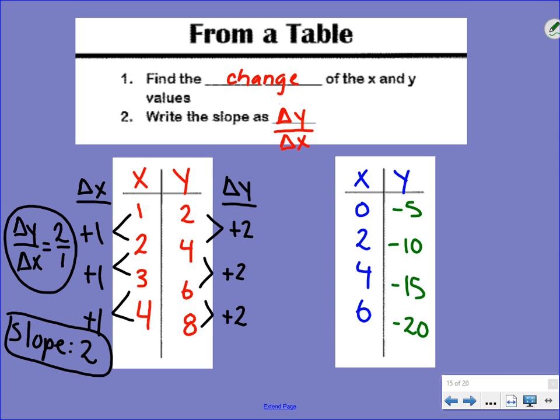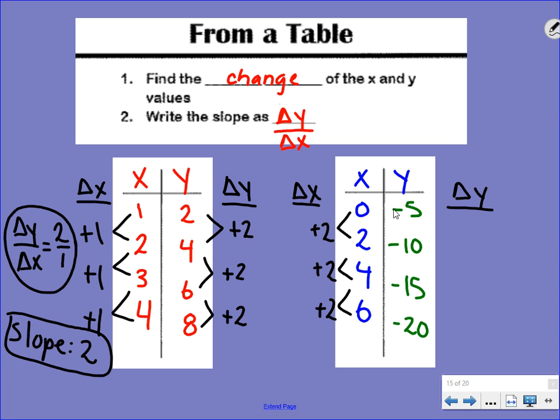Again, we need to find our change in our x values and our change in our y values. So how do we get from one x value to the next? Add 2, add 2, add 2. So our change in x is adding 2.